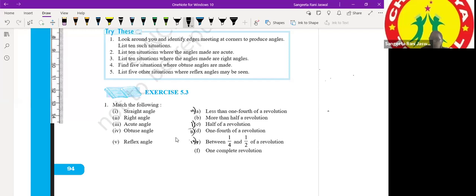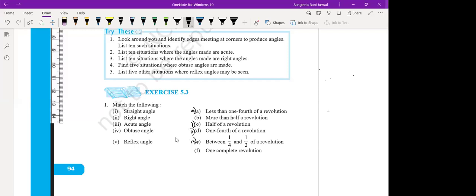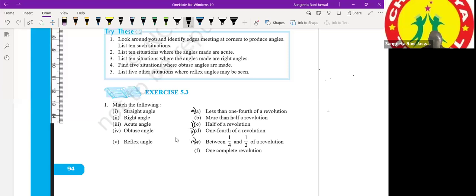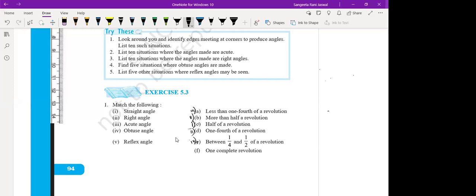No, a reflex angle is not complete. It's more than half a revolution. Yes, it's more than half a revolution. A reflex angle is between 180 degrees and 360 degrees. It's not complete. A complete revolution is 360 degrees. So it's this one. Okay, ma'am.